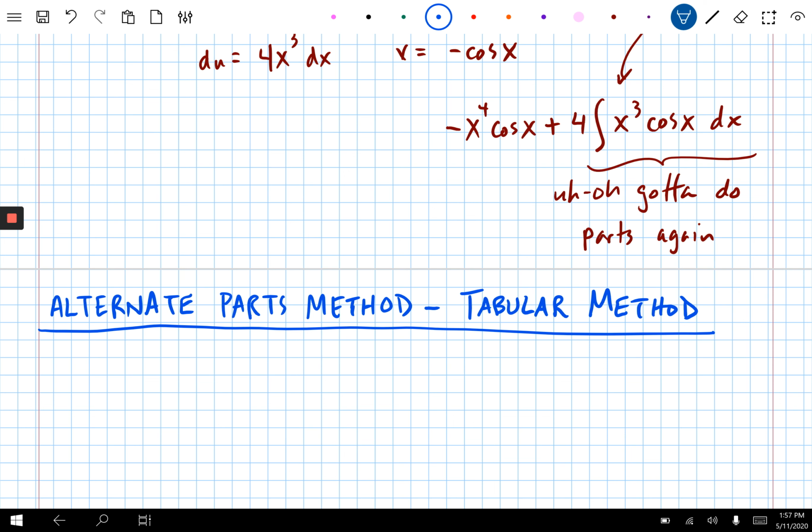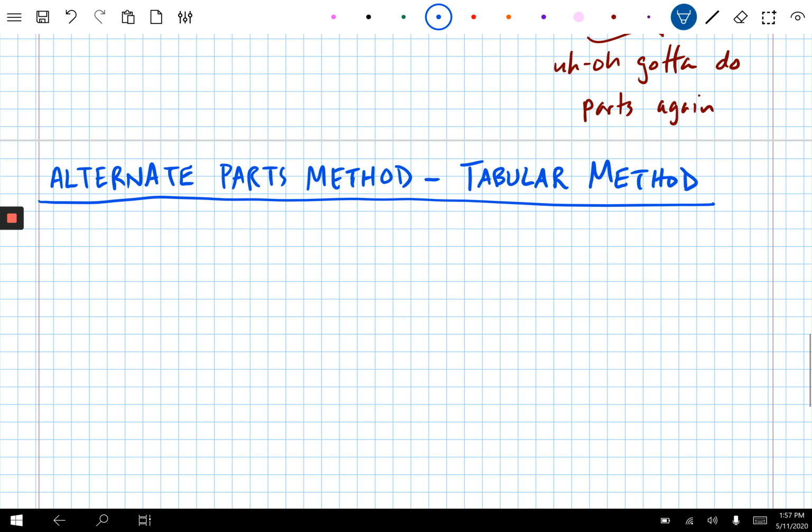So what we're going to do with the tabular method is make a table. We're going to have a sign column, S-I-G-N. We're going to have a u column where we're going to take the derivatives, and then a dv column where we're going to take antiderivatives. And you're like, well, how do you know how big this table is going to be? Well, because my choice for u is going to be x to the 4th.